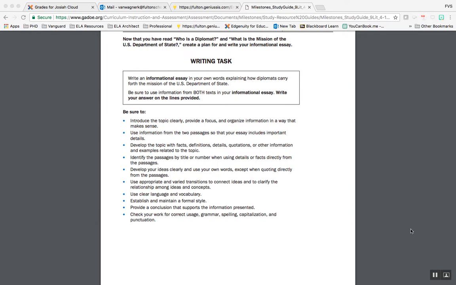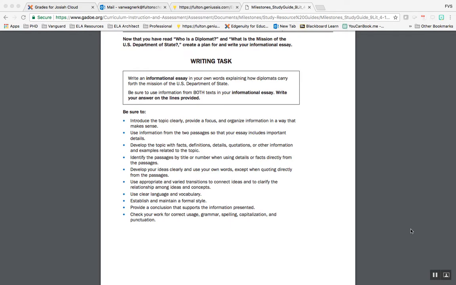So again, your response: write an informational essay in your own words. Be sure to use information from both texts in your informational essay. So it says, be sure to introduce the topic clearly, provide a focus, that's your thesis statement, and organize information in a way that makes sense. Please take time to outline. We've talked about this throughout the semester, specifically with your argumentative paper.